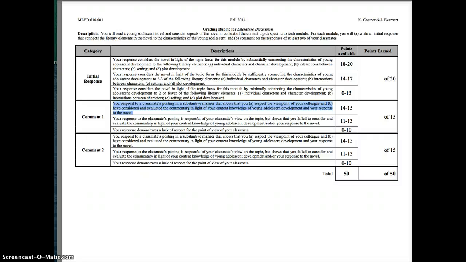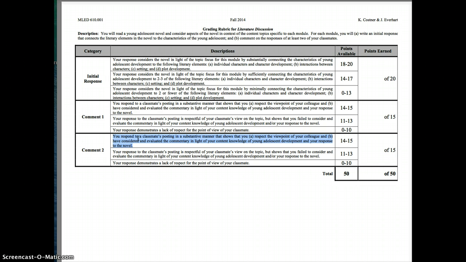Please feel free to do that and to help your classmates consider things in a different light as needed. But know that that commentary is also required for comment 1, and then you'll see it is also required for comment 2. So you're responding twice during that time.